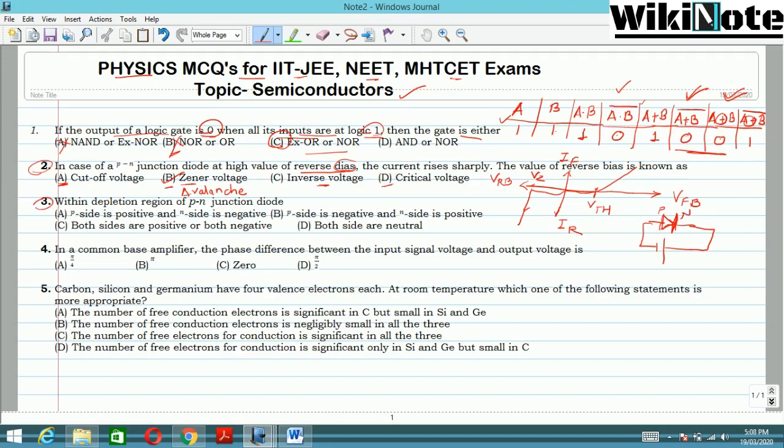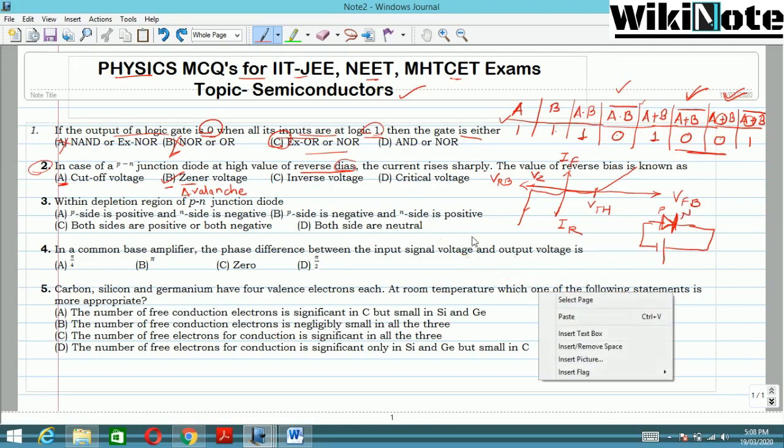Now answer question number 3. Within the depletion region of a PN junction diode, what happens? Always keep in mind, I would like to go with its answer at this point.